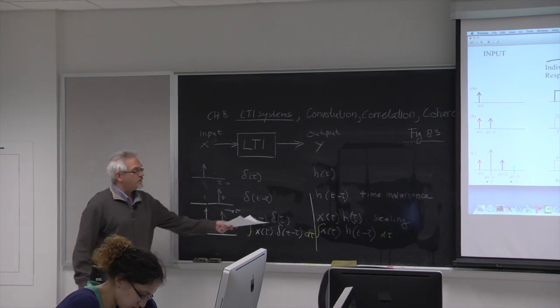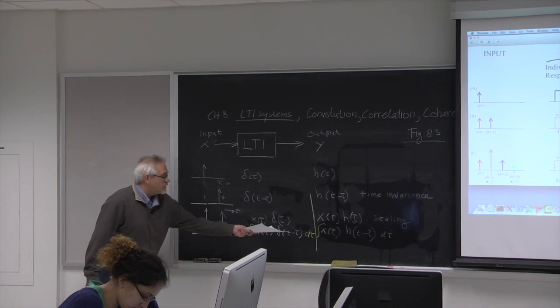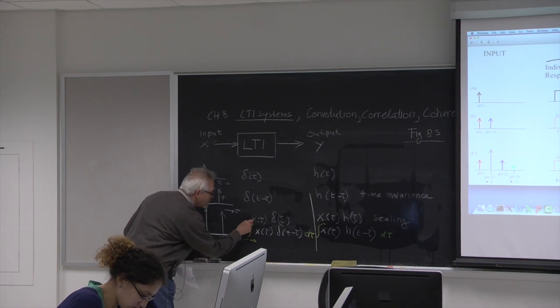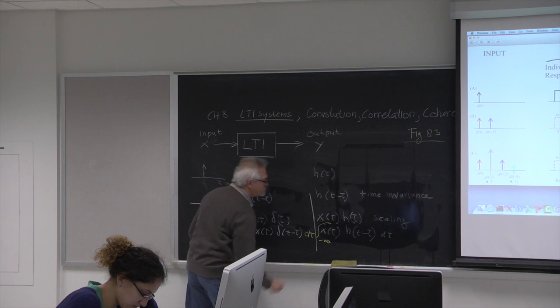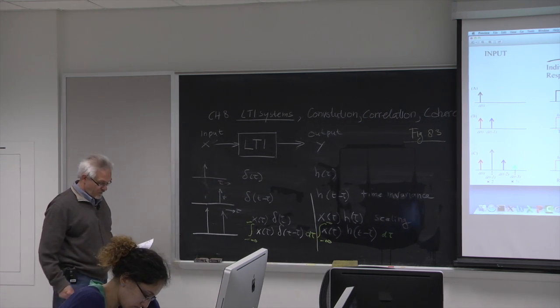So I'm just adding an integral for input and output. And since we go over the delta function, you can integrate from minus infinity to infinity. Same here, you can integrate from minus infinity to infinity.